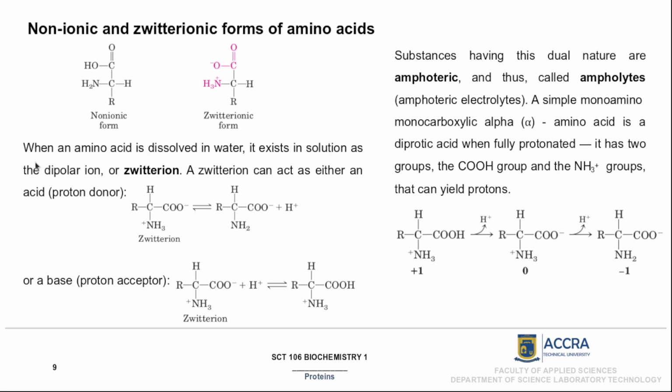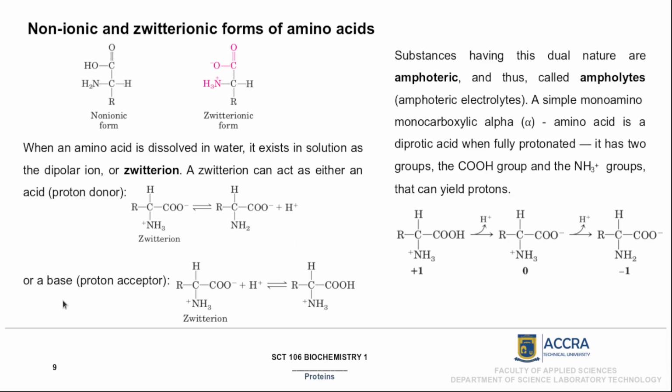So you see the zwitterion first of all here acting as a proton donor or an acid. So you see the protonated amine group releasing a proton, becoming neutral, NH2. So this is a zwitterion acting as an acid, giving out hydrogen ions in solution.